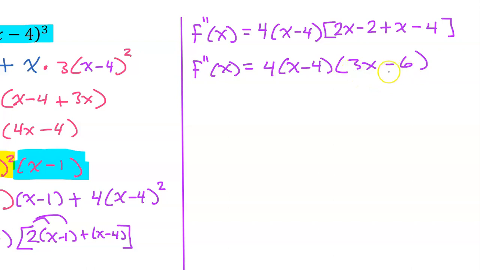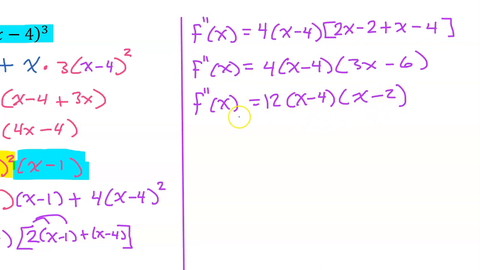There is another GCF in here. I'm going to take out the 3, but that 3 is going to wind up multiplying by the 4 to make a 12. So f double prime of x will equal 12 times x minus 4. So I've divided by 3 now, so this will be x minus 2.